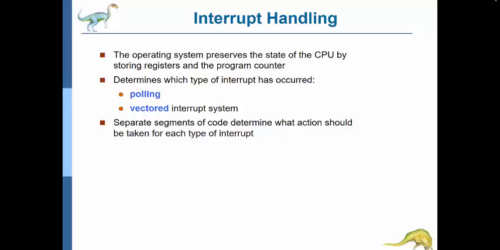It should be handled. The operating system preserves the state of the CPU by storing registers and the program counter. Why is the program counter needed? If an interrupt comes in and is handled, then after it is handled, you need to go back to the previous place.